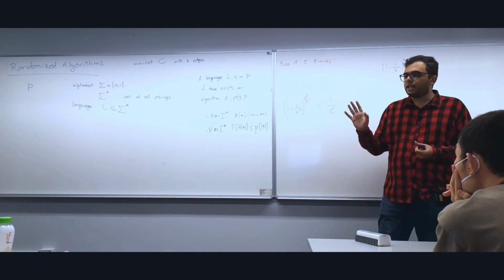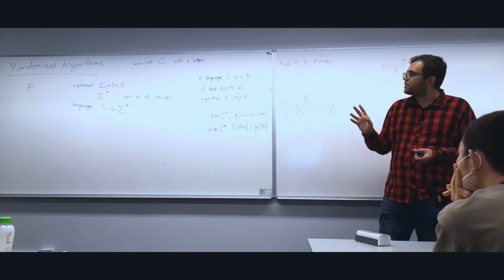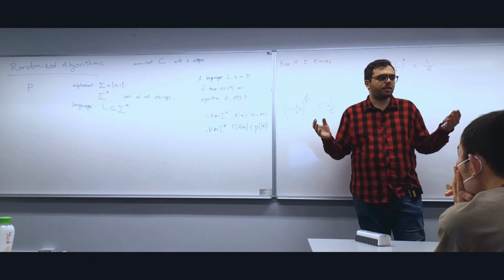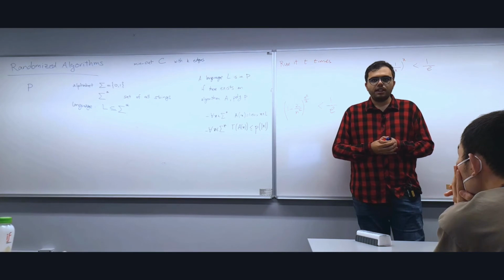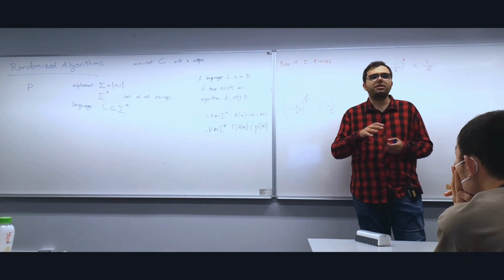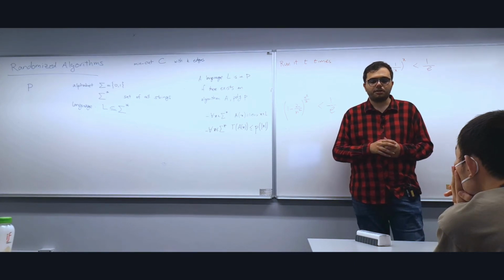One of them, the algorithm for QuickSort, always gives you the right answer. It would always sort the sequence and give you a sorted solution at the end. But there was some randomness in the runtime. We didn't know how long it would take, so the runtime depended on the randomness of the algorithm.